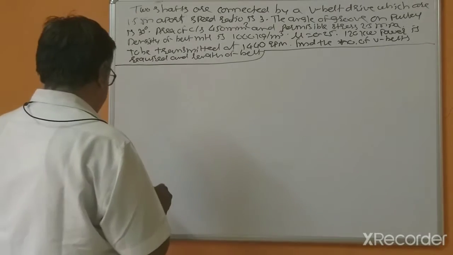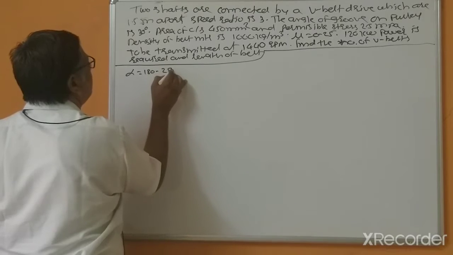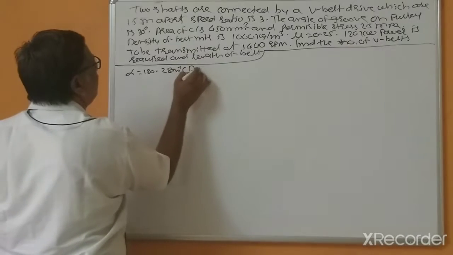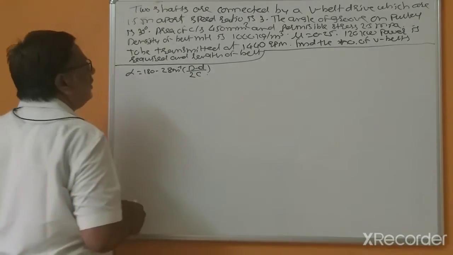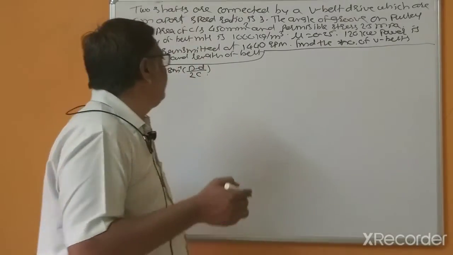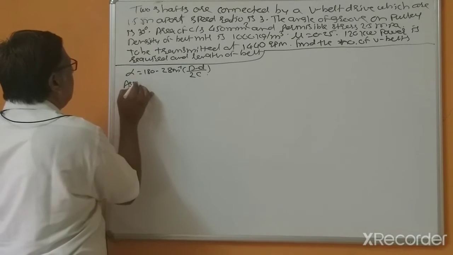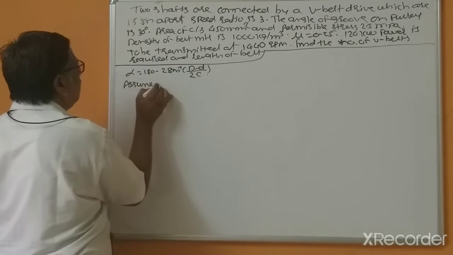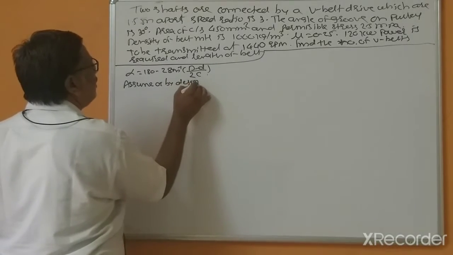So angle is given. First we will calculate alpha equal to 180 minus 2 sine inverse of (D minus d) divided by 2c. Now speed ratio is given and power is 120 kilowatt. Because the pulley is not given, assume the bigger pulley from the design data book.